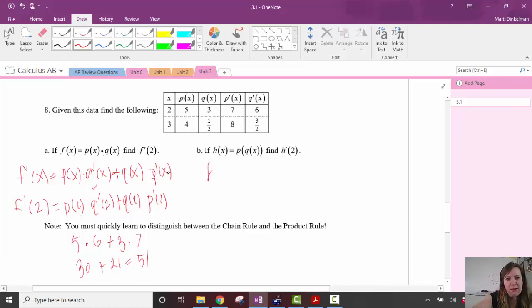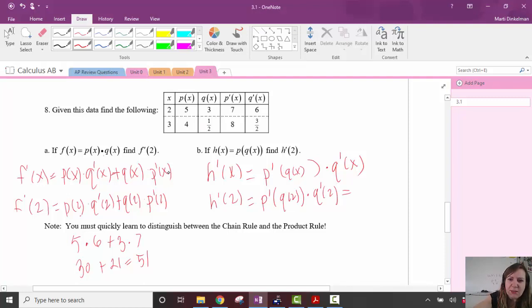And then for B, this is chain rule, so we have to go with the derivative of the outside. Okay, that's what it looks like symbolically, leaving the inside alone, times the derivative of the inside. And now we're finding H prime of 2. So that's going to be P prime of Q of 2 times Q prime of 2. Okay, we're going to have to do a couple steps here.